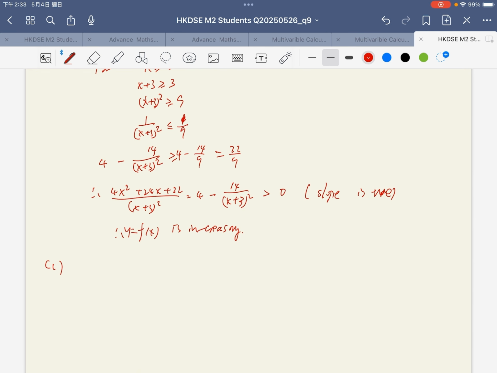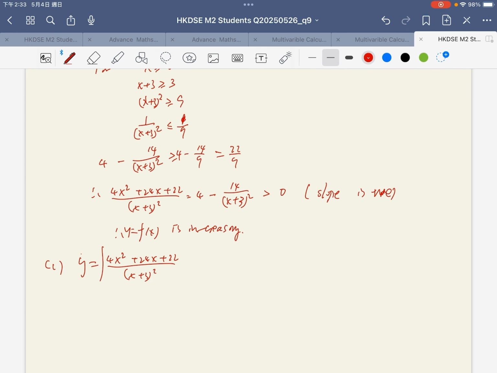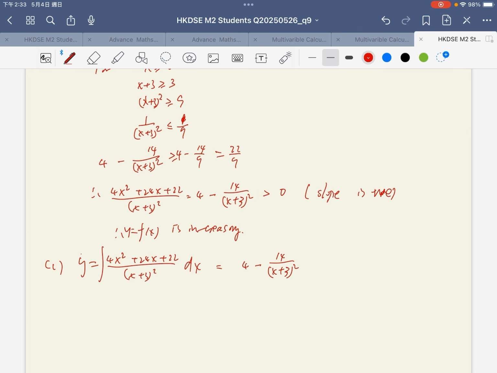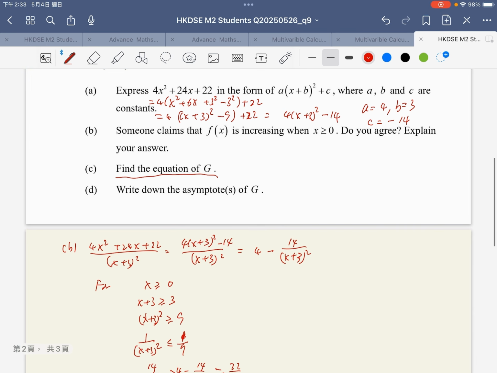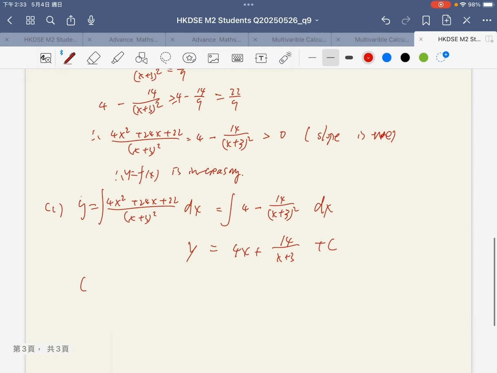That means we have to integrate this function. Integrating this gives 4x plus 14 over x plus 3 plus constant c. And this curve passes through the point (4, 13).